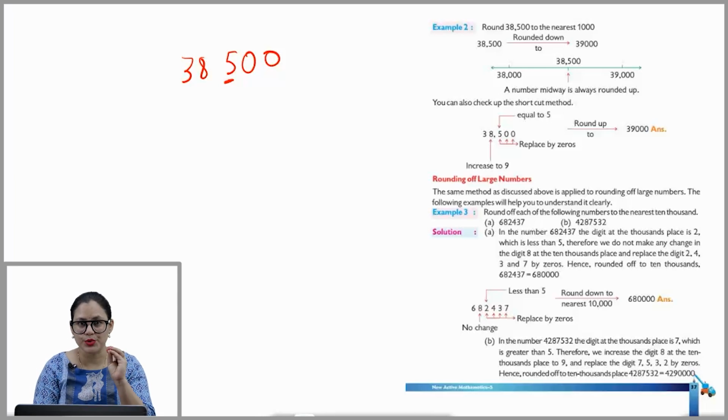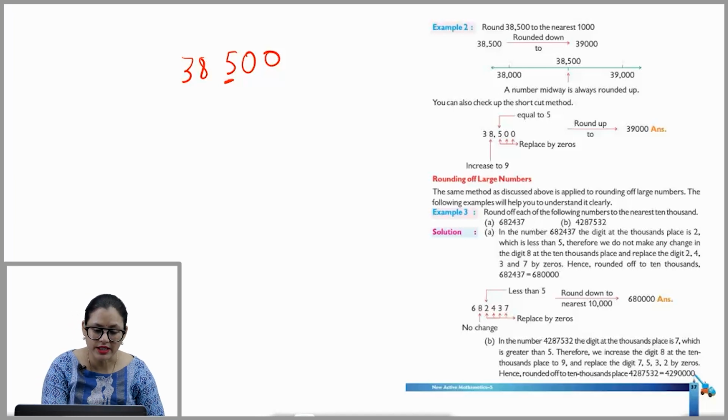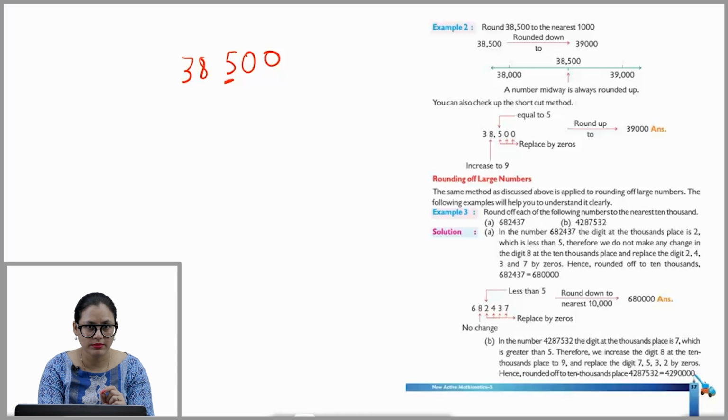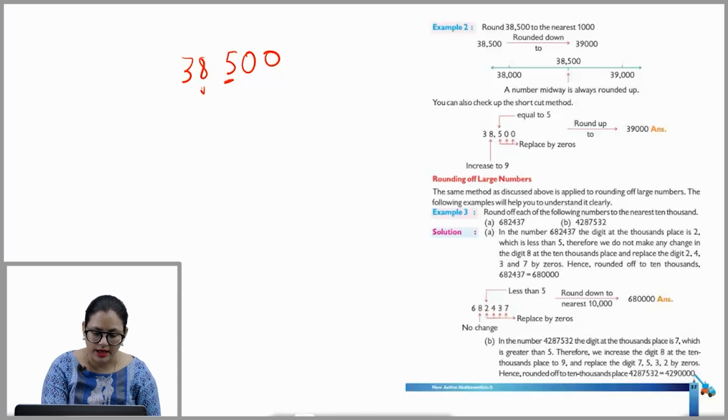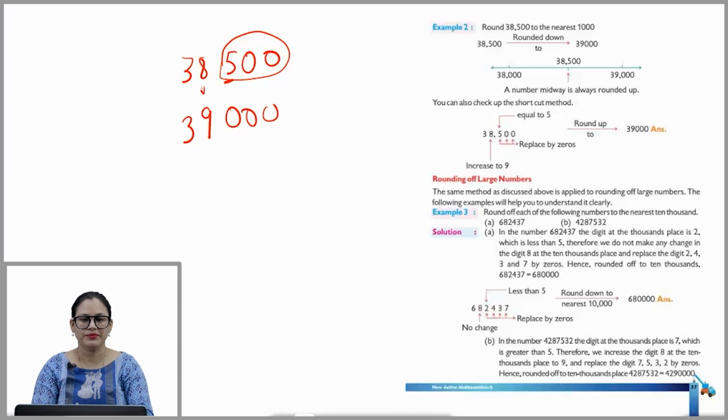Whenever a digit is equal to 5 or greater than 5, what will we do? We will increase the digit by 1, this one becomes 9, and 3 will remain 3, and in these 3 places we will put 3 zeros. So this is the answer.